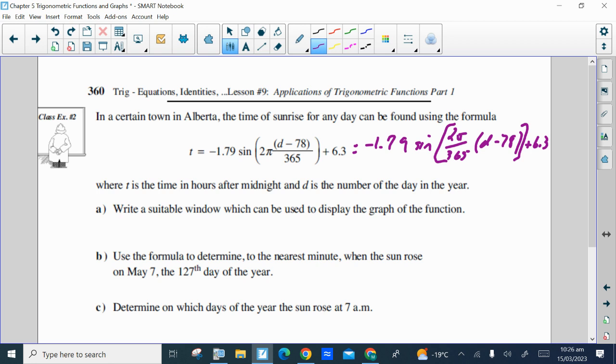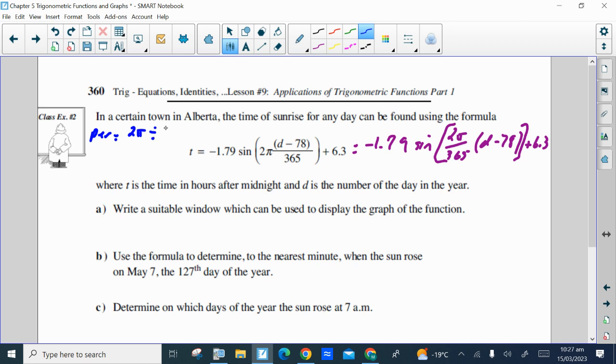But part A says, what is a suitable window that we could use to display the graph of the function? So there's two things that we need to do before we can set our windows. To find our x windows, we need to know the period. So let's start with the period. The period in this case is 2 pi divided by b.